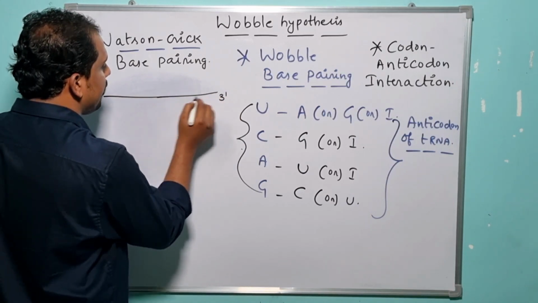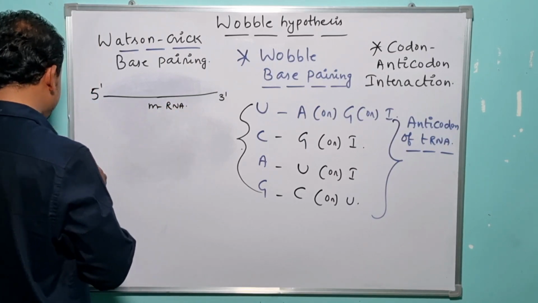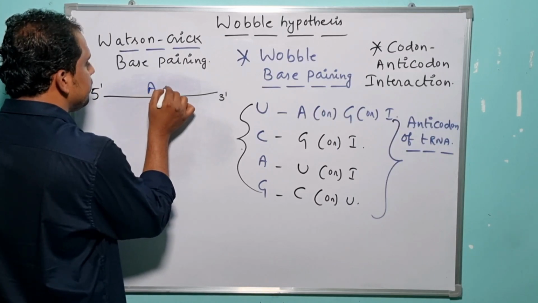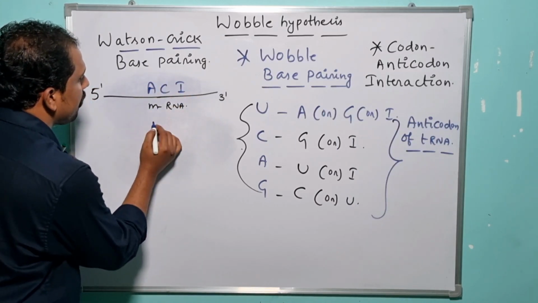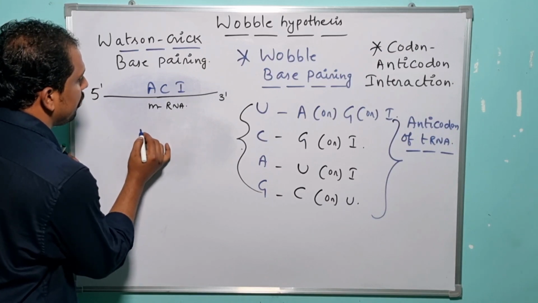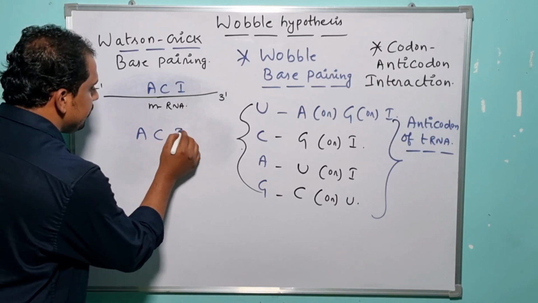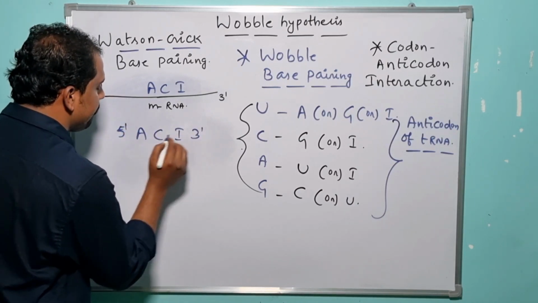So in case of the mRNA, there is one specific codon which is nothing but ACI. So here the specific codon of the mRNA is capable to encode the various anticodons like ACI, right? So here it is 5' and it is 3'.